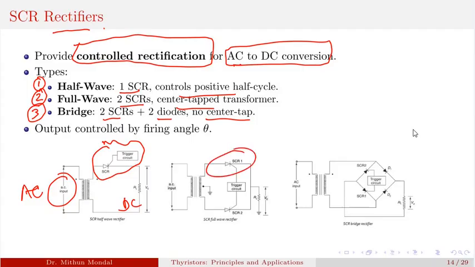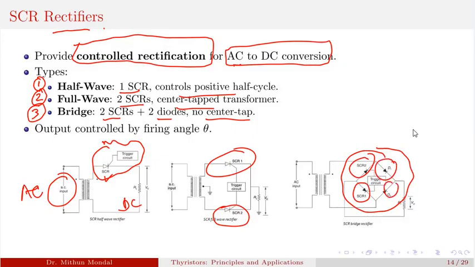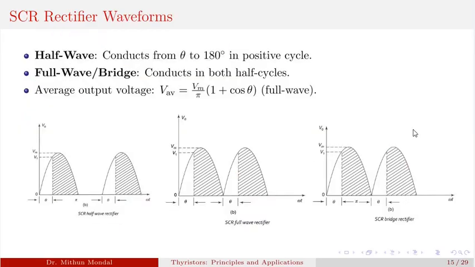So you can have two rectifiers, SCR1 and SCR2, to get full wave and only one to get half wave. This is connected in the form of a bridge, so it is known as the bridge rectifier. You can have two thyristors and two diodes for the rectification principle.